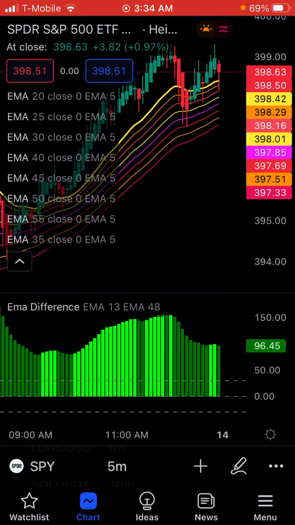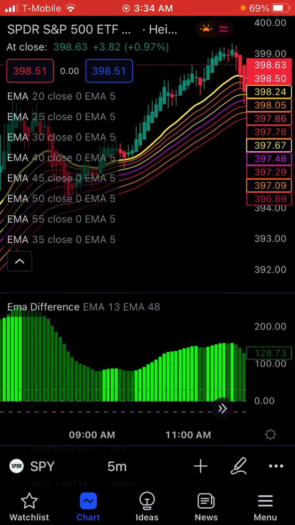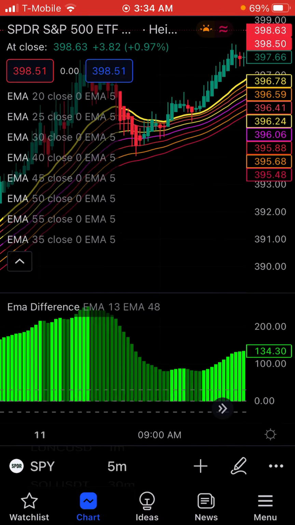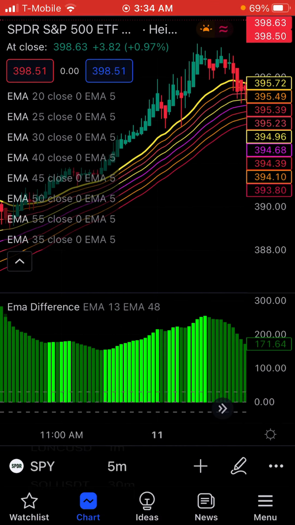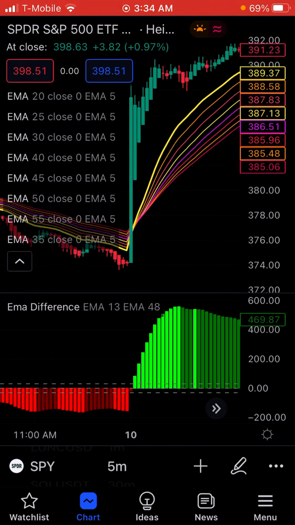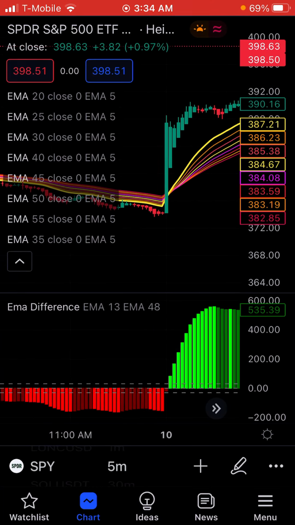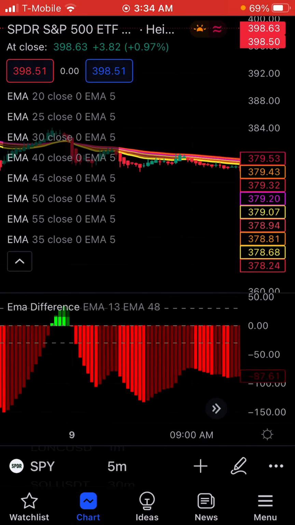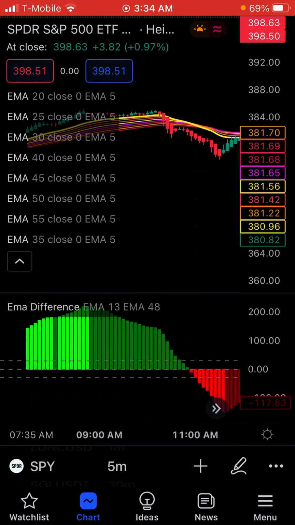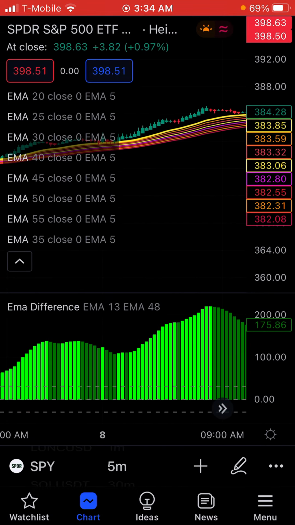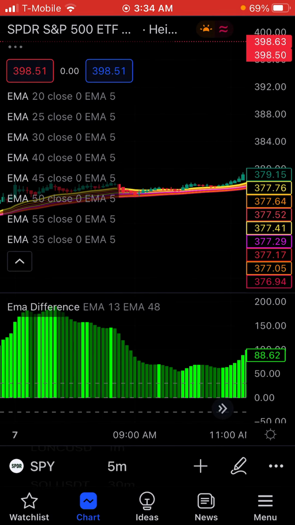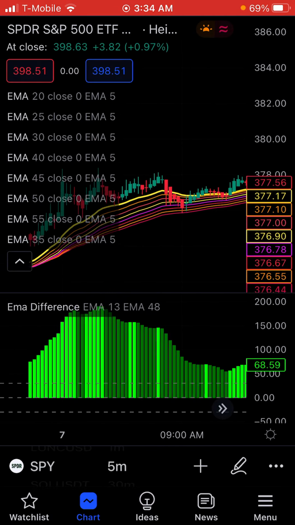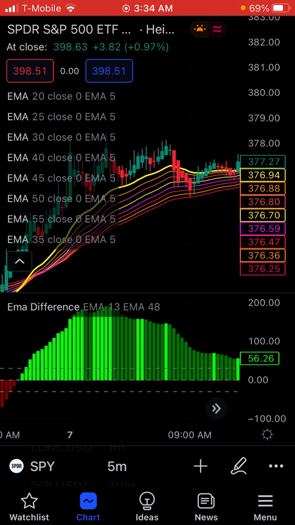So I'm going to explain what you have to do. It's pretty simple. Right now we're doing SPY. What you want to look for first is you want to follow the 20 EMA. The 20 EMA on the screen right now is the bright yellow line that you see here.